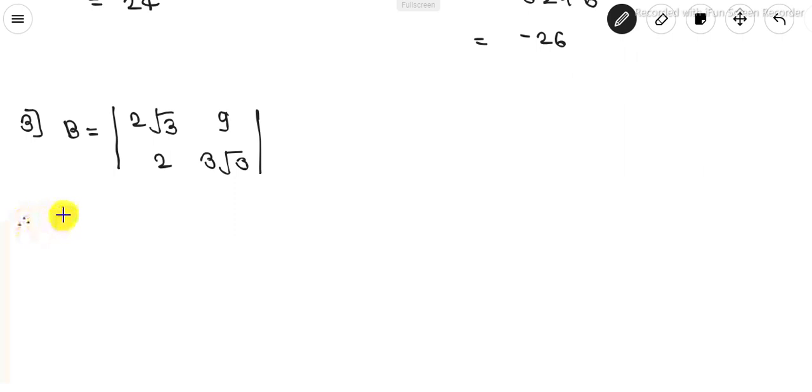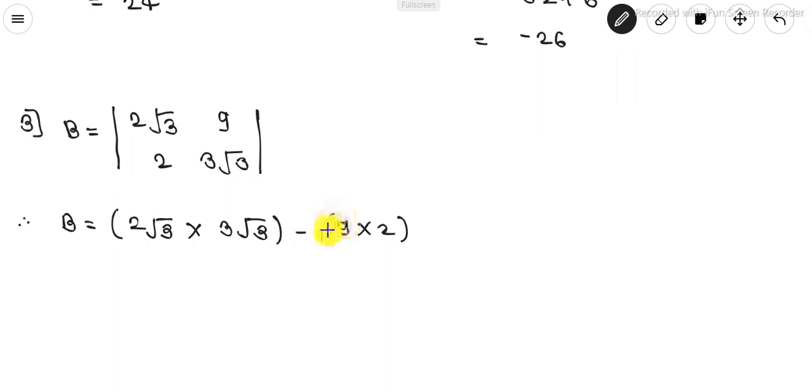Therefore, the determinant value is found by cross multiplication, minus, now here root 3 multiplied by root 3, the value becomes 3, only 3, therefore minus 18.